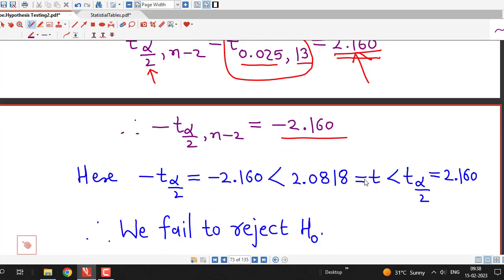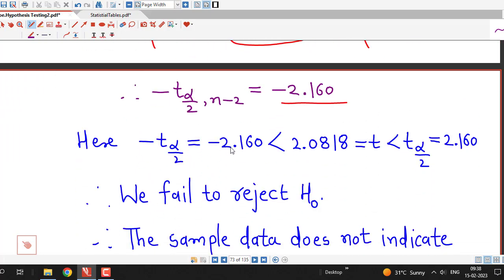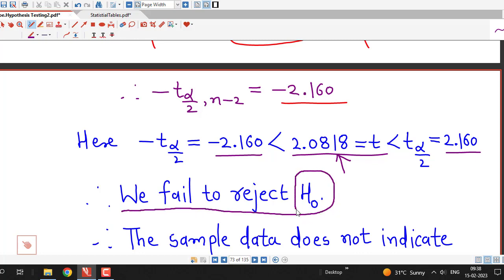So I have written here minus 2.160 is less than 2.0818, the calculated value of statistic is less than 2.160, therefore we fail to reject the null hypothesis. And what is the null hypothesis? Null hypothesis is that population correlation coefficient is 0.